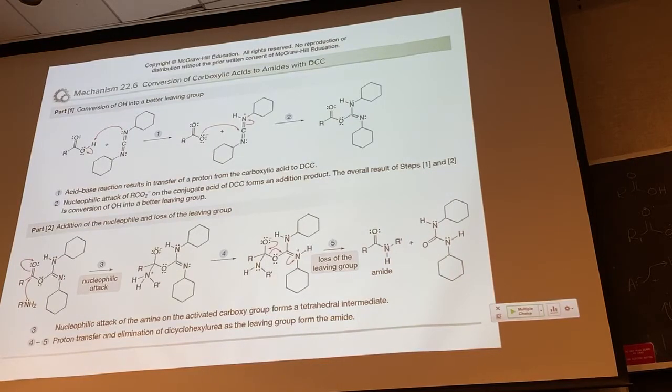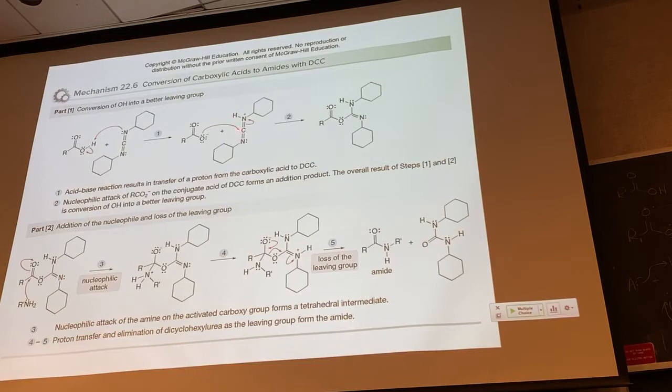So we know that acid-base chemistry occurs when we have a carboxylic acid and an amine or other nitrogen-containing compounds. In this case, we can use that acid-base chemistry to our advantage. If our DCC deprotonates our carboxylic acid, we generate the carboxylate ion, and we have the conjugate acid of DCC.